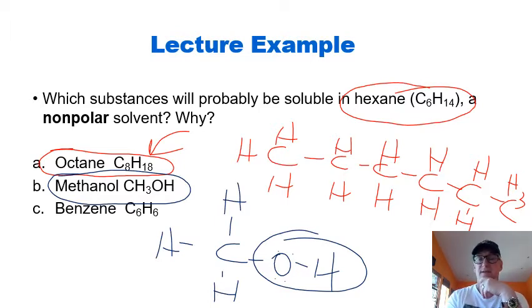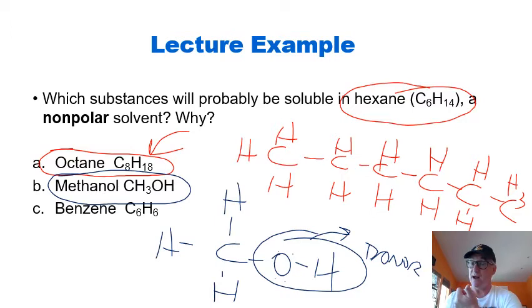So this is a hydrogen bond donor. And another methanol using this oxygen can accept that. It can be a hydrogen bond acceptor. So methanol can make hydrogen bonds, and it only has a single carbon here.